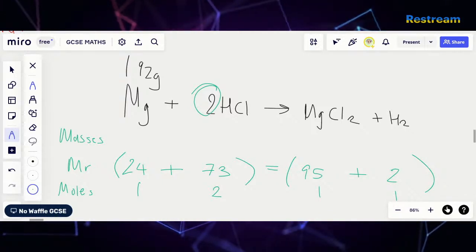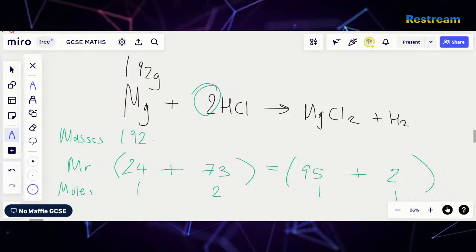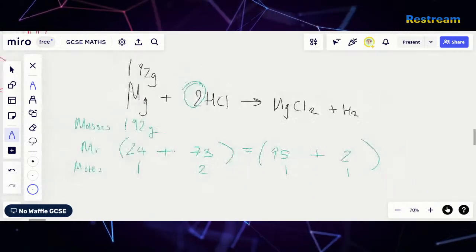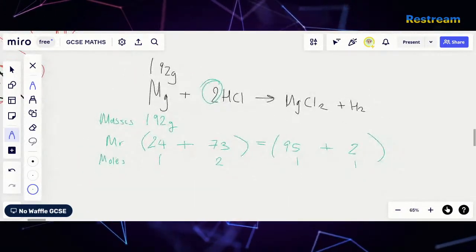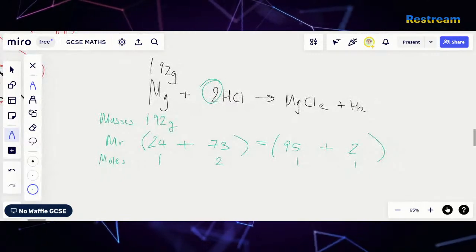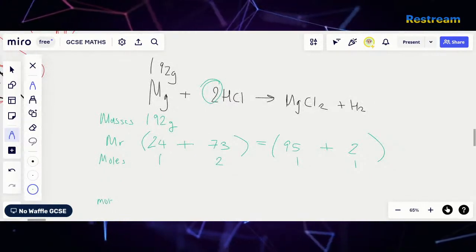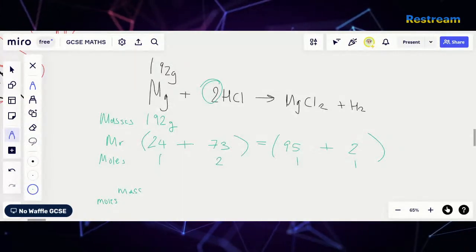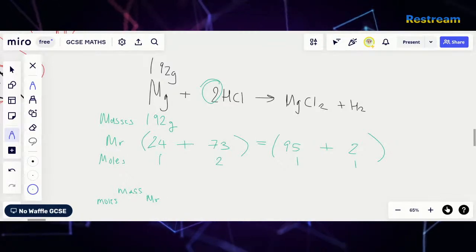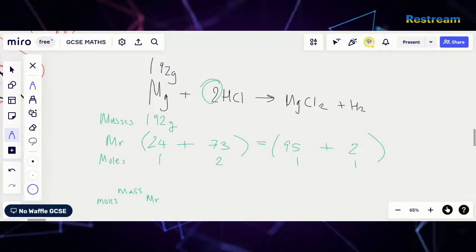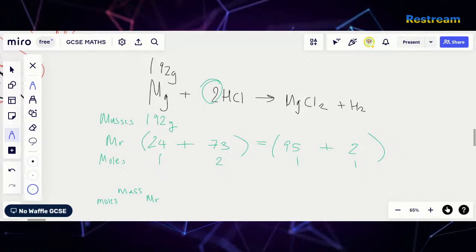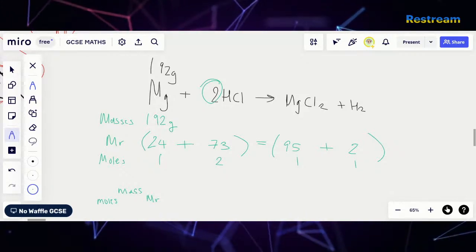Now we're told 192 grams of magnesium. If you've got 192 grams of magnesium, to find the amount of hydrogen, all you would do, knowing the equation moles is equal to mass over Mr. In this case, we've got 2 and 1, and the mass is unknown.